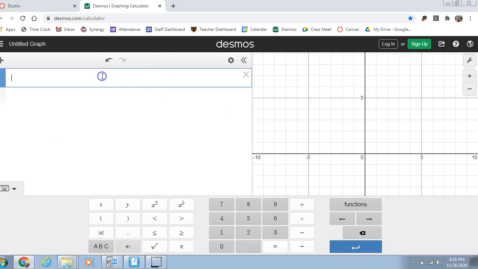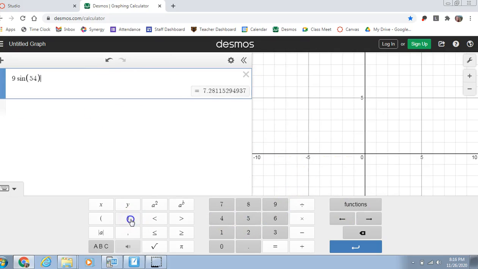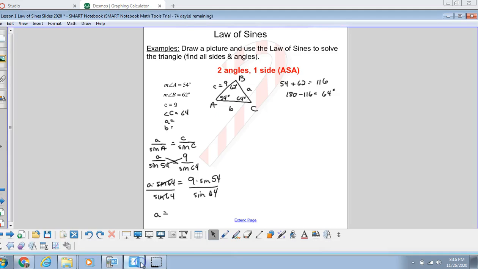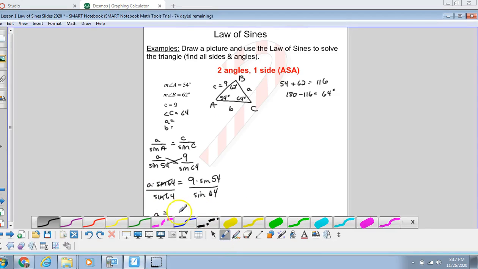I'm going to clear these up. If we put in 9 times the sine of 54, close your parentheses, divided by the sine of 64, we get that number 8.1. So our a value is 8.1.